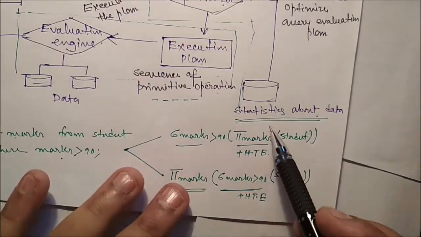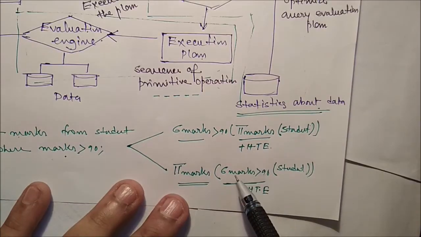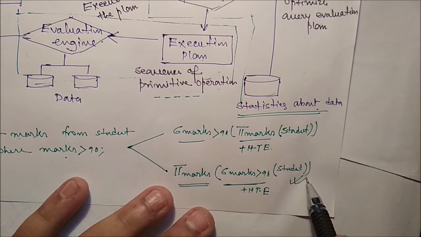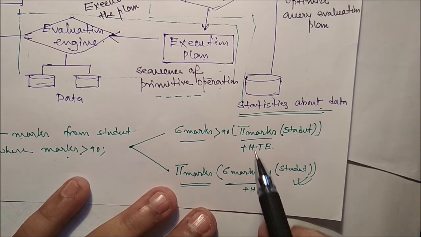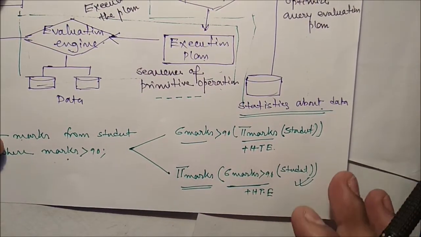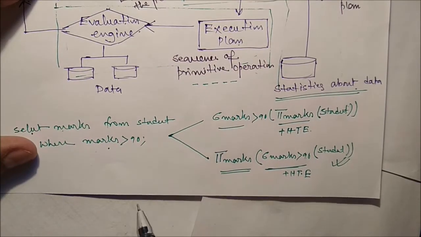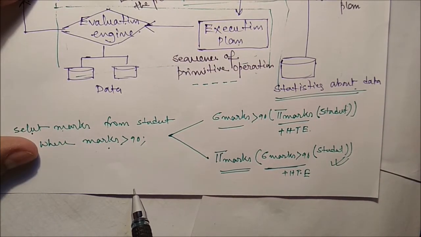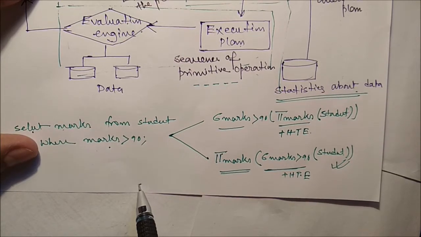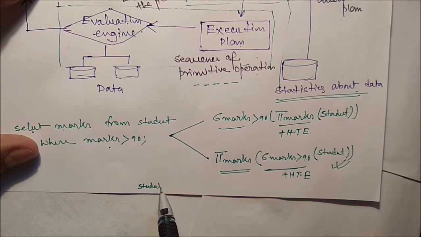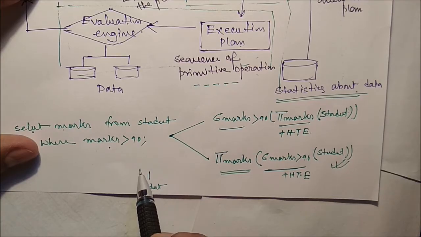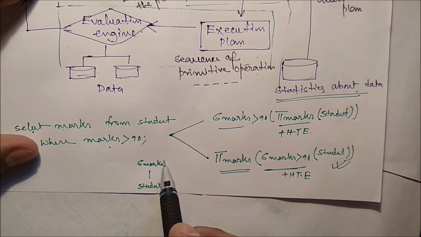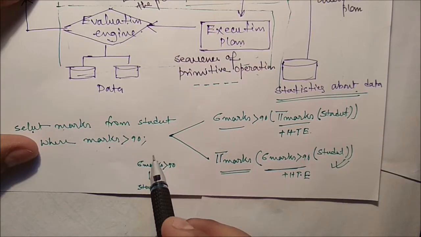Now the optimizer identifies the best one. Which one is the best? Let the optimizer identify this is the best. Now identify the execution plan, that is, how to do it properly. First of all, it needs the table student. From that student, fetch the data using the selection, where marks should be greater than 90.